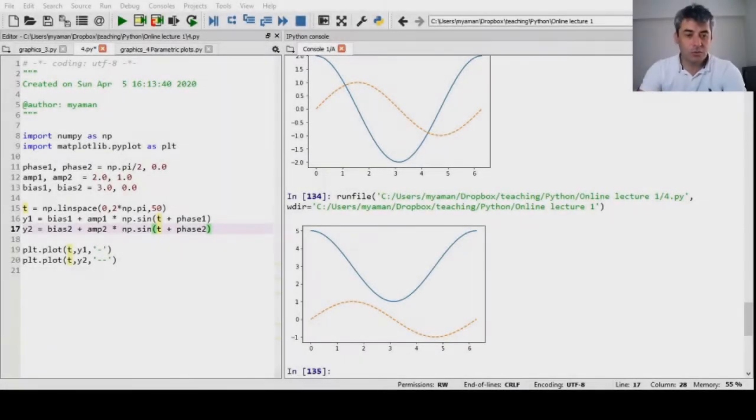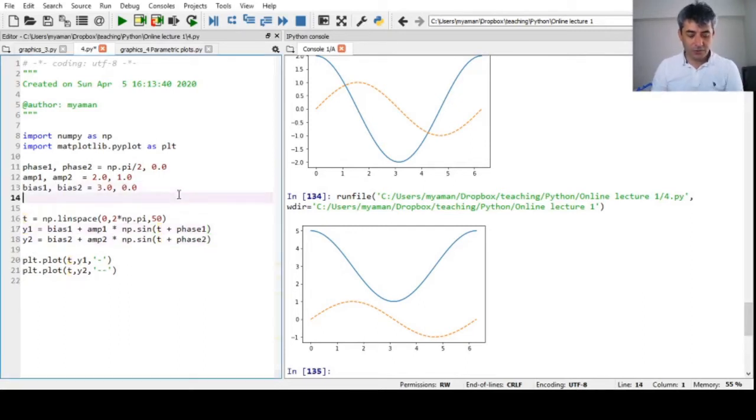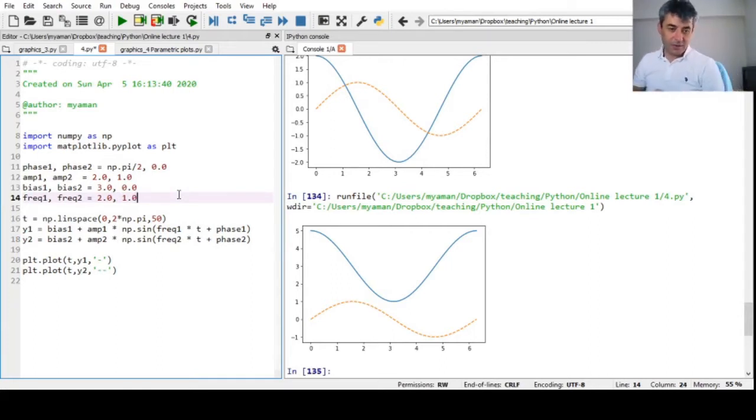Next, I want to do the frequencies. So let's have 2 different frequencies for each signal, frequency 1 and frequency 2. This is where I define the frequencies, frequency 1 times t and then frequency 2 times t. Let's have the first function again with twice the frequency of the second one. And let's see how this makes a difference.